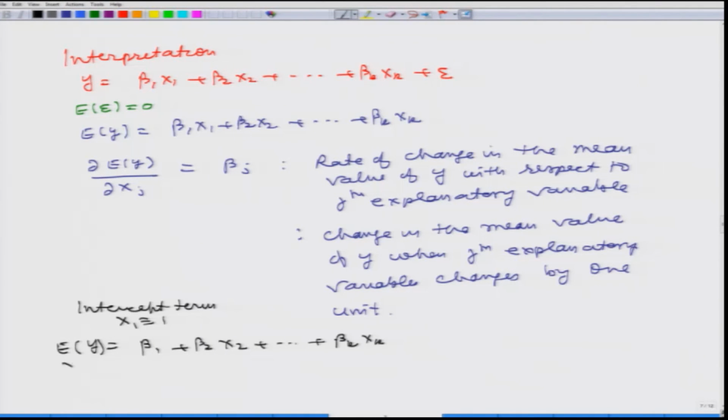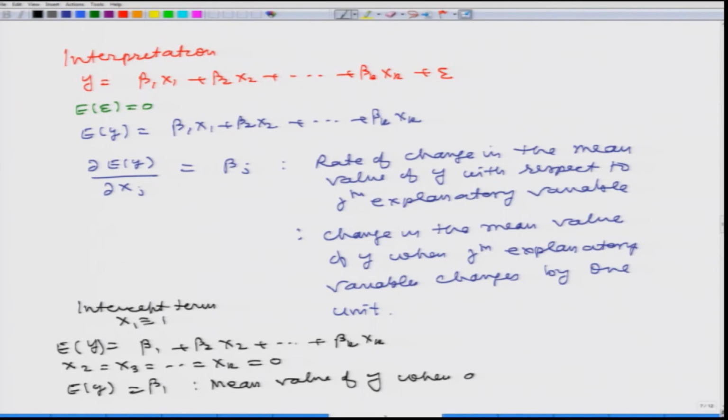So if I take all the values of x2, x3 and so on up to xk to be 0, then the expected value of y becomes nothing but beta 1. So in this case also the intercept term will denote the mean value of y when all independent variables take the value 0.